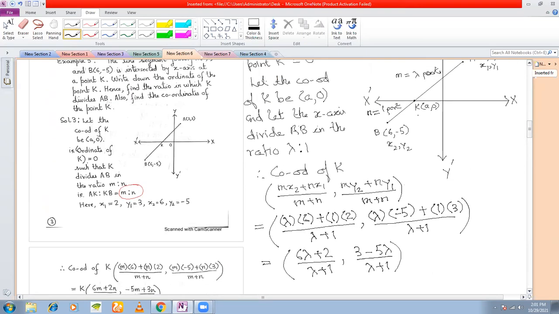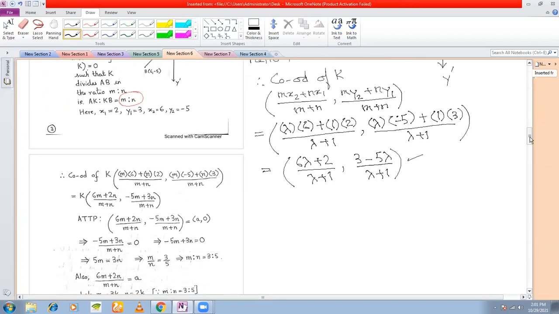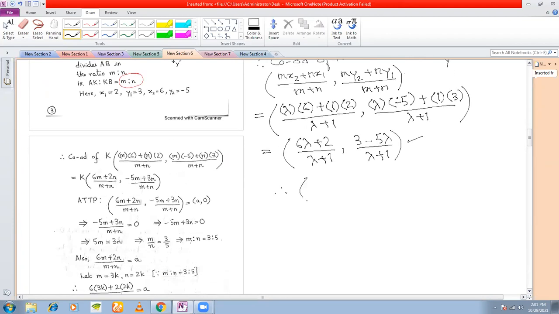But what is the coordinate of K I have taken here? (a, 0). So the coordinate that I've got must be equal to (a, 0). (6 lambda plus 2) divided by (lambda plus 1), comma, (3 minus 5 lambda) by (lambda plus 1) must be equal to (a, 0). We don't know the value of a; we'll find it later.